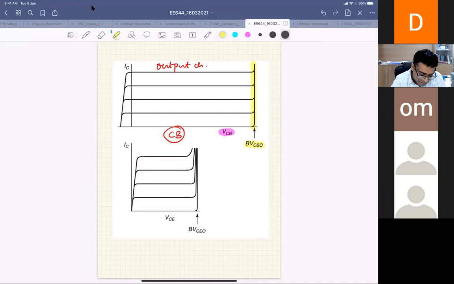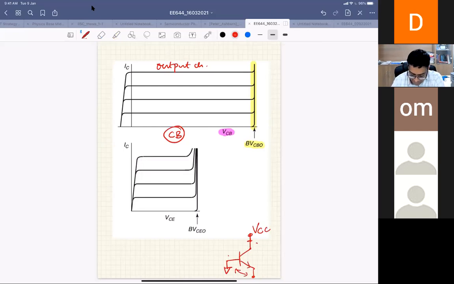When I'm talking about maximum voltage, in this case your base is common. The voltage that you're applying across, I give some VCC here, and you give some forward bias because this junction, the emitter junction, needs to be forward biased.